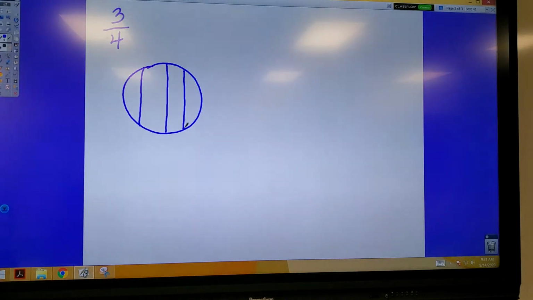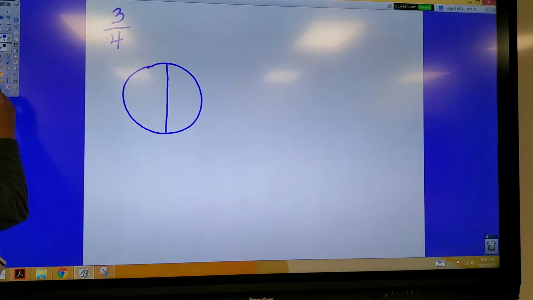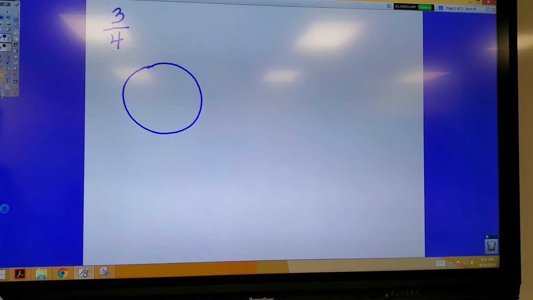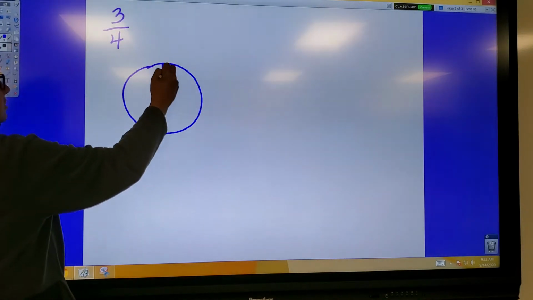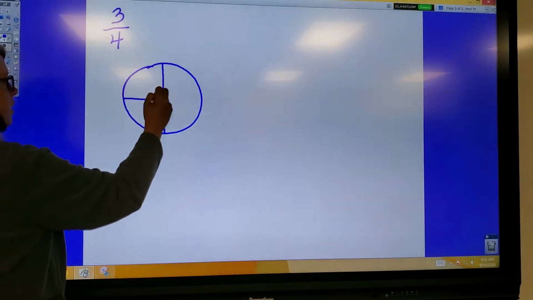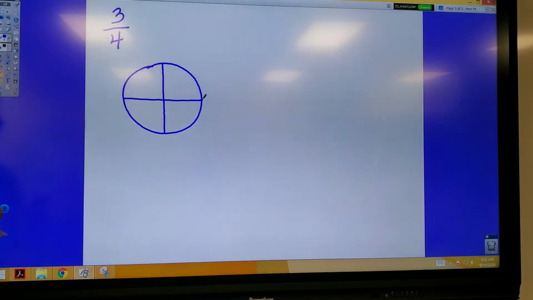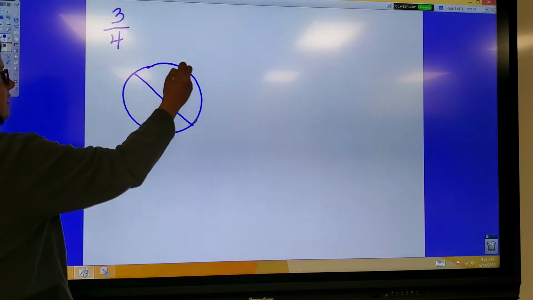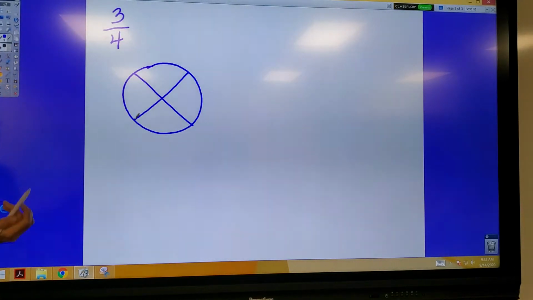They're not even. So something important is that when you break the shape up into however many pieces total, the pieces need to be equal sized, right? So a lot of times if I was just breaking it into 4, I'd probably do it like that, right? Or it'd be fine if you did like an X, like that. Because really that's just turned.